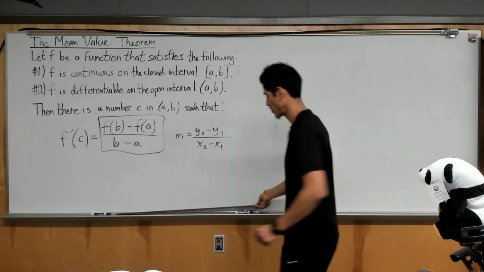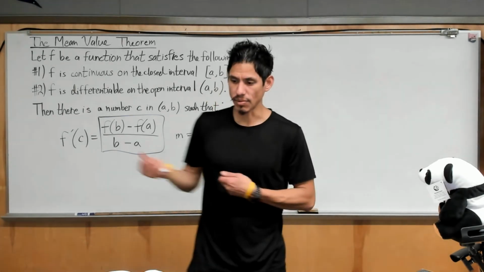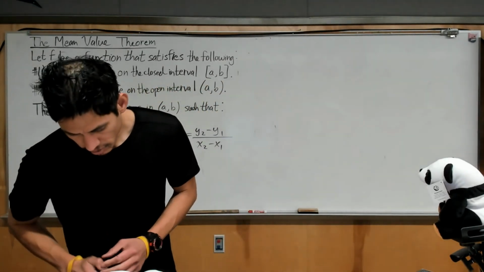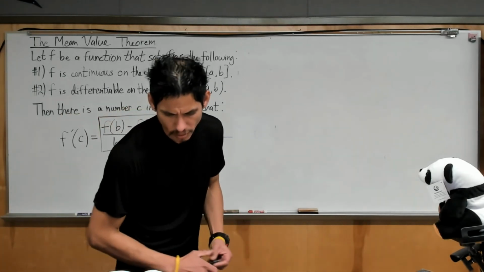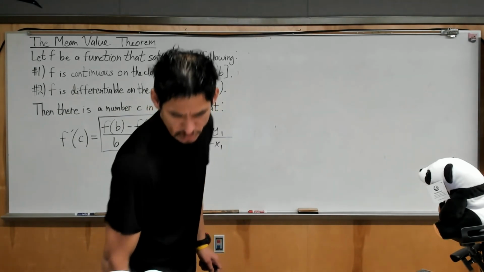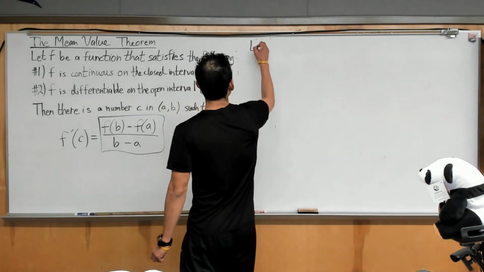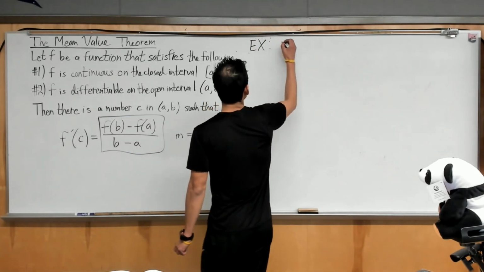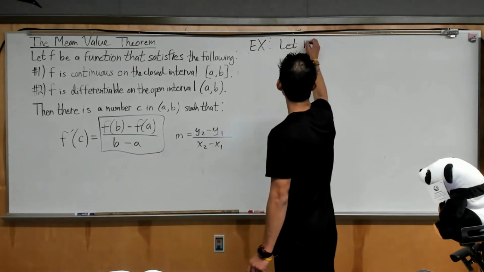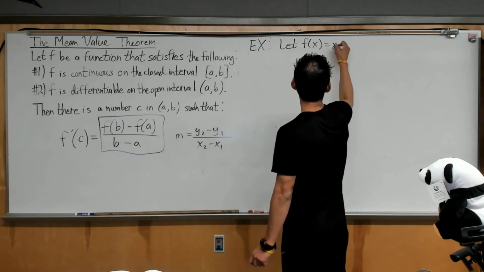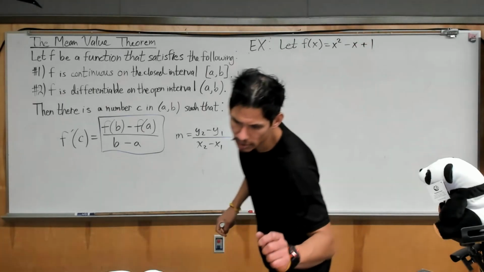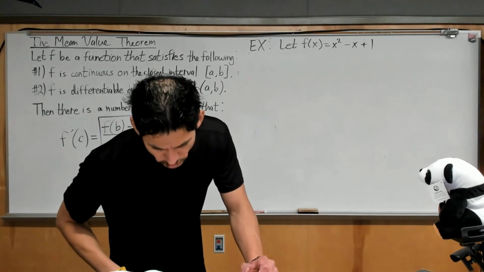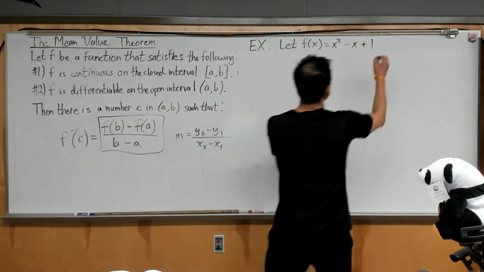Mean value theorem. Okay, so let's see what we got here. X squared minus x plus 1 from -1 to 4.